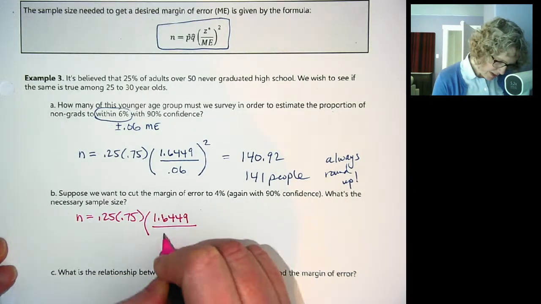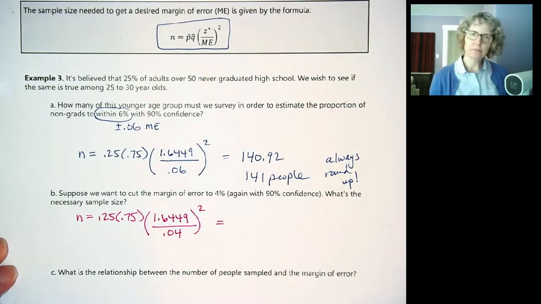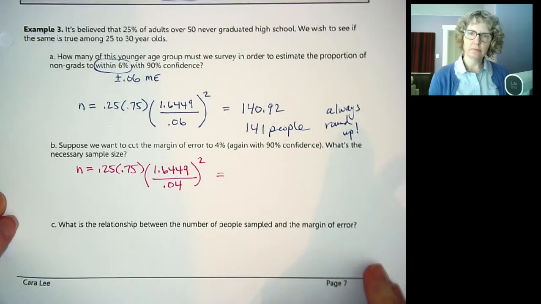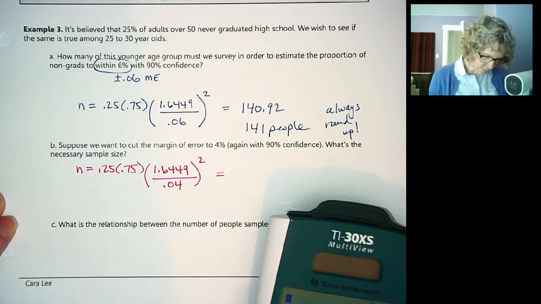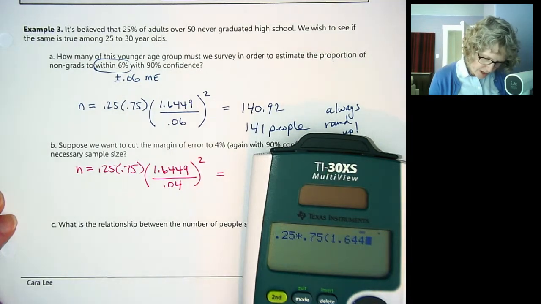And 4% is now 0.04, squared. So 0.25 times 0.75, times, or just parentheses, because the calculator recognizes parentheses as multiplication, 1.6449 divided by 0.04, squared.